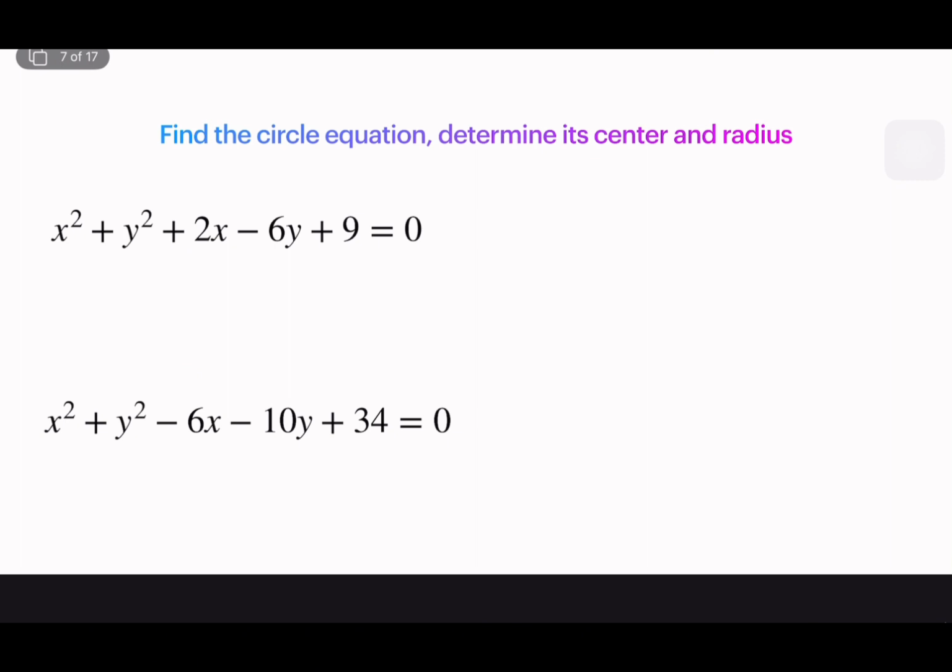Okay, it's okay. You don't need to class. Okay, what is a circle?